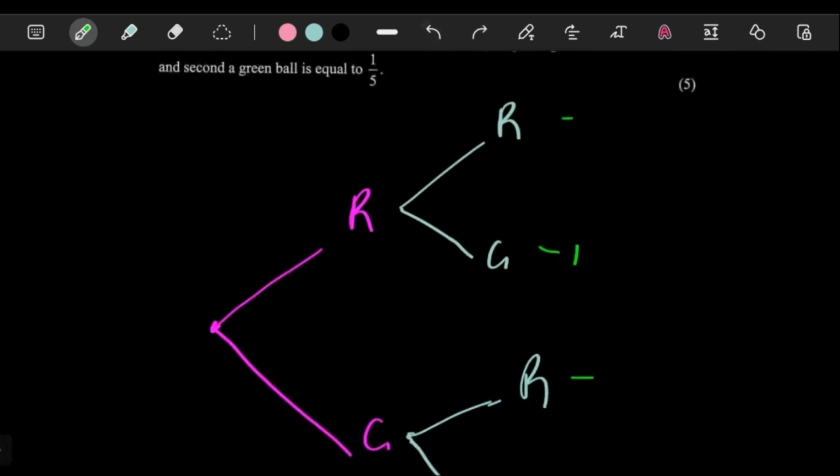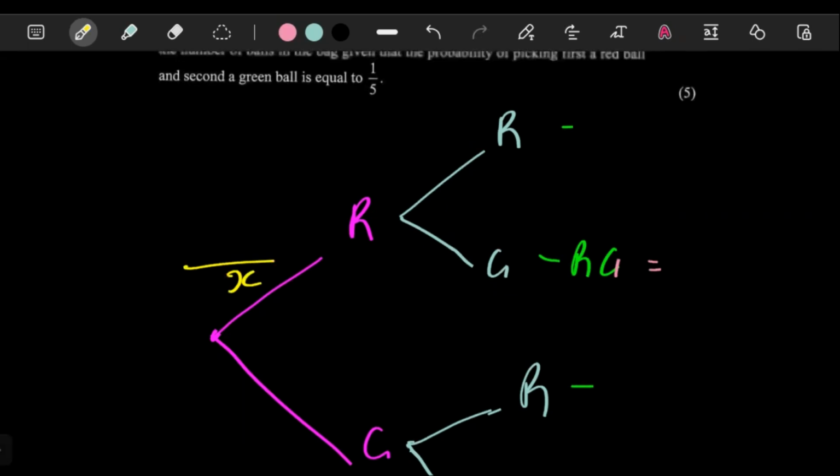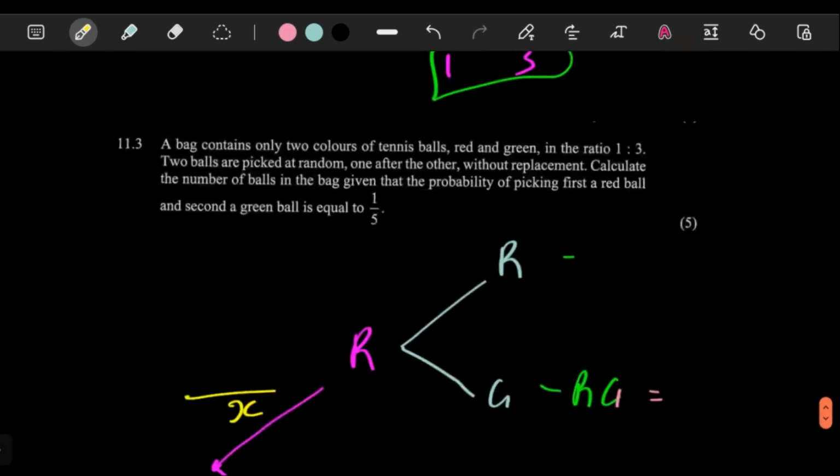You see, first one red, next one green. And they said here the probability of this is just 1 over 5. So firstly, the total balls that we have, we don't know, so we might as well label it X. That's the total balls we have in total. But the red ones, we don't know what number that is.